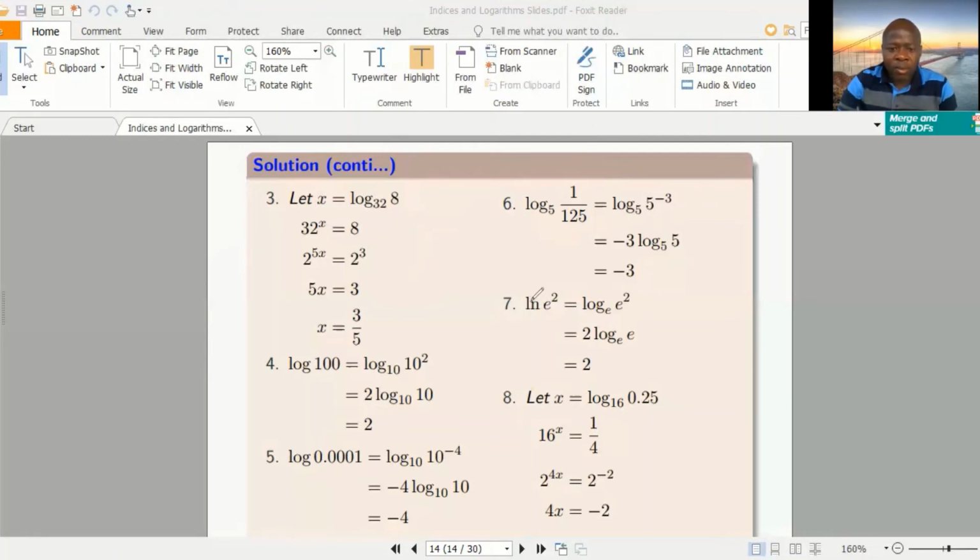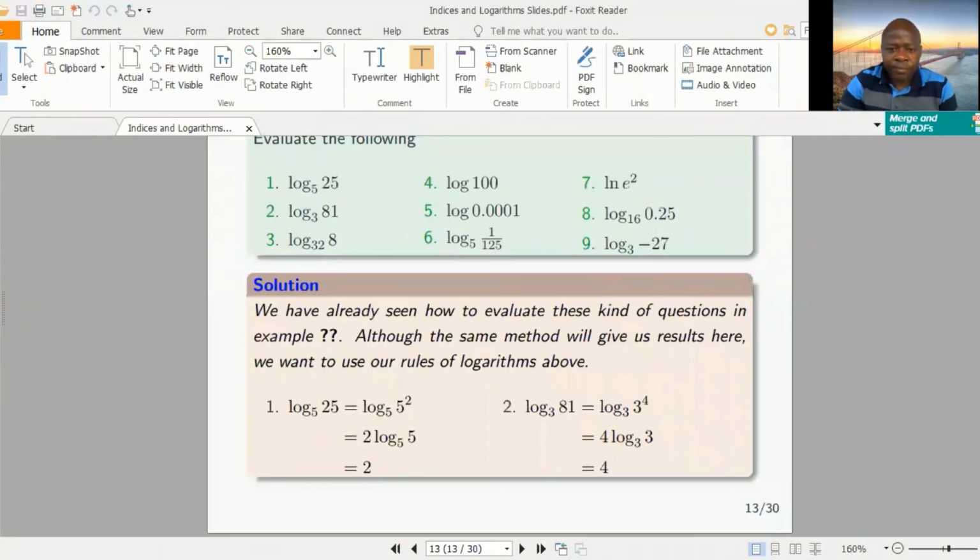Now, what was this question 7? Let's just go back and see what it was. Question 7 was this: ln of e. I remember I introduced a way of doing that: ln can be written in terms of logarithm to base e.